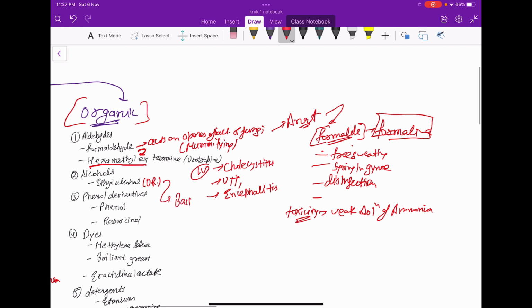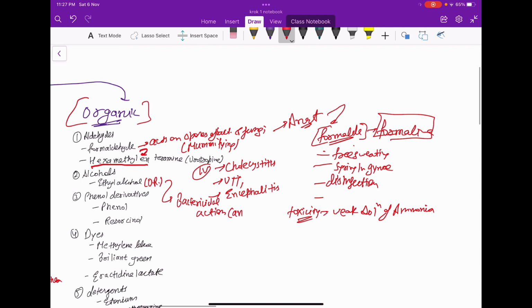And guys, it has an antiseptic effect. It's used for processing of the surgeon's hands, processing of the instruments, thereafter the compresses.